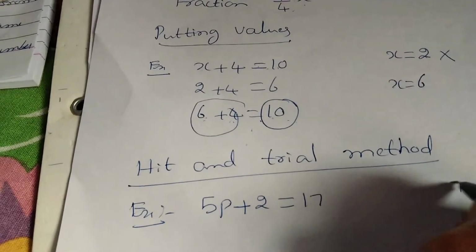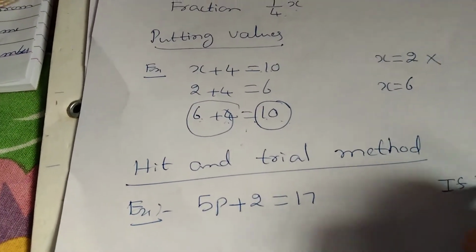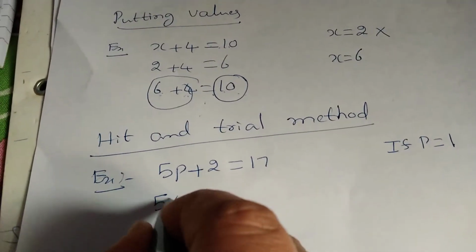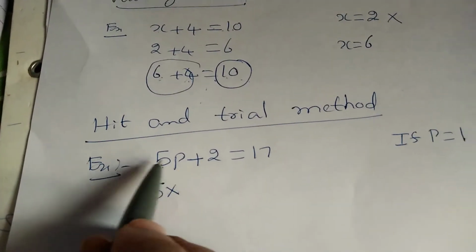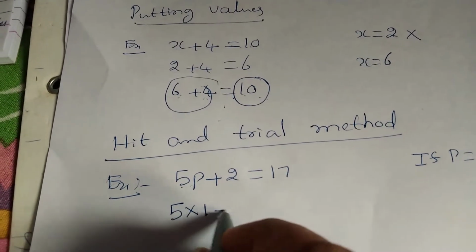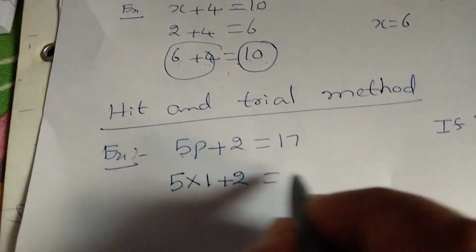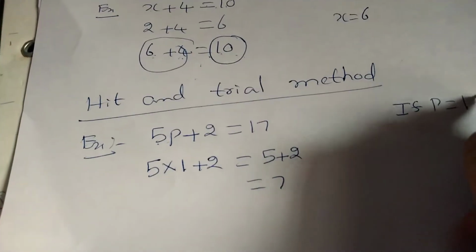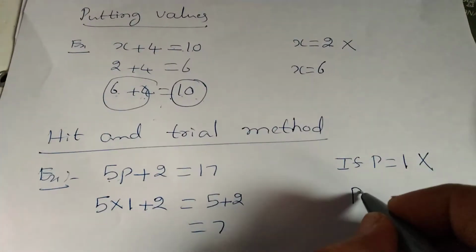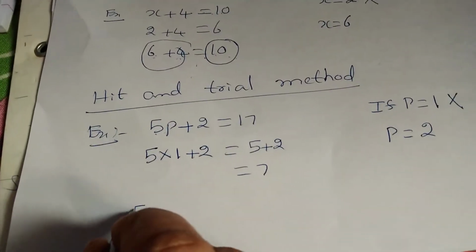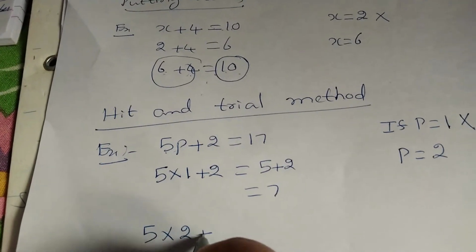Now I give a value for p. If I give the value 1 for p, see here, 5 into p is 5p, the product. So 5p is 5 into 1 plus 2. 5 ones are 5, plus 2, it becomes 7. No, this is wrong.